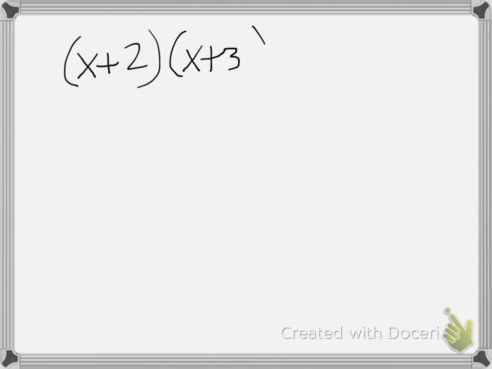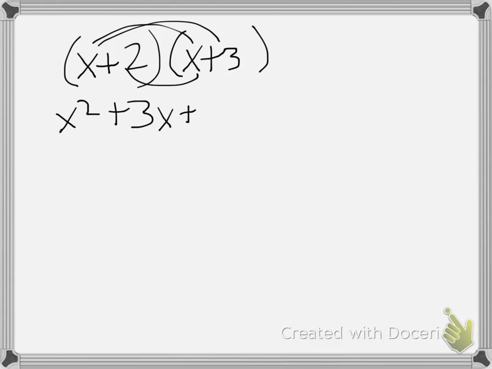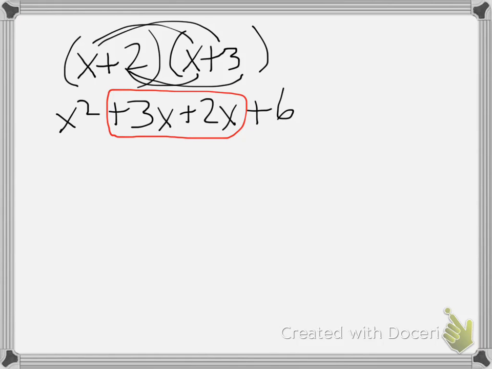If I take a look at that problem again, x plus 2 times x plus 3, and I multiply it again, I get x squared plus 3x plus 2x plus 6. This middle part ends up adding to 5x.